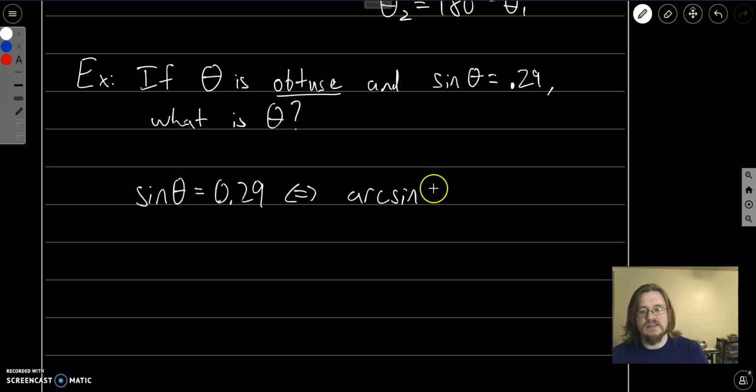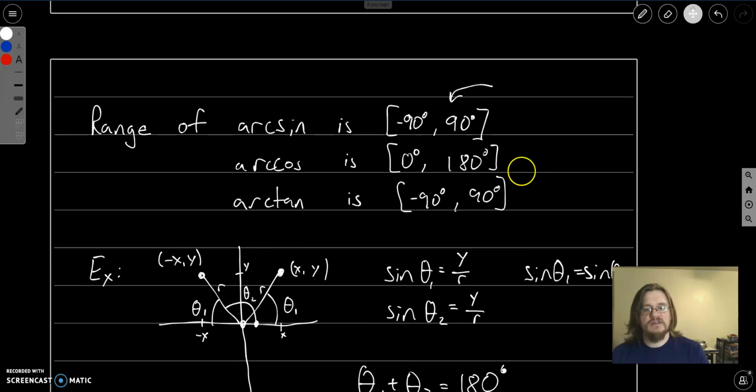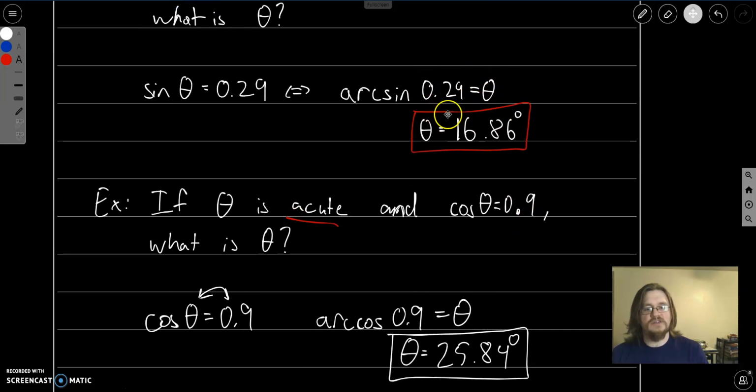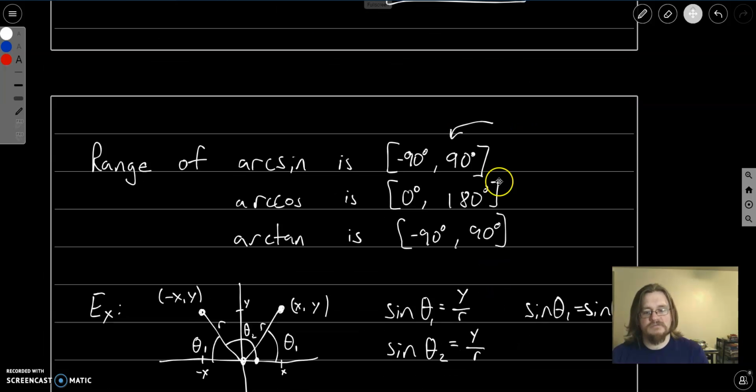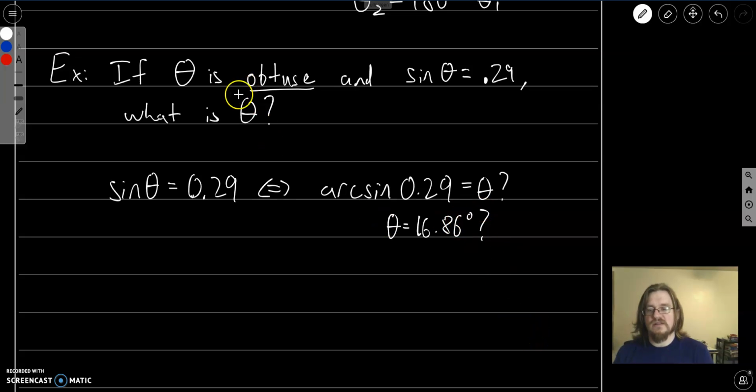I want to take the arc sine of 0.29 to get theta. Well, we saw before that the arc sine of 0.29 is 16.86 degrees. So theta is equal to 16.86 degrees. Well, no, because we know that this angle should be obtuse.